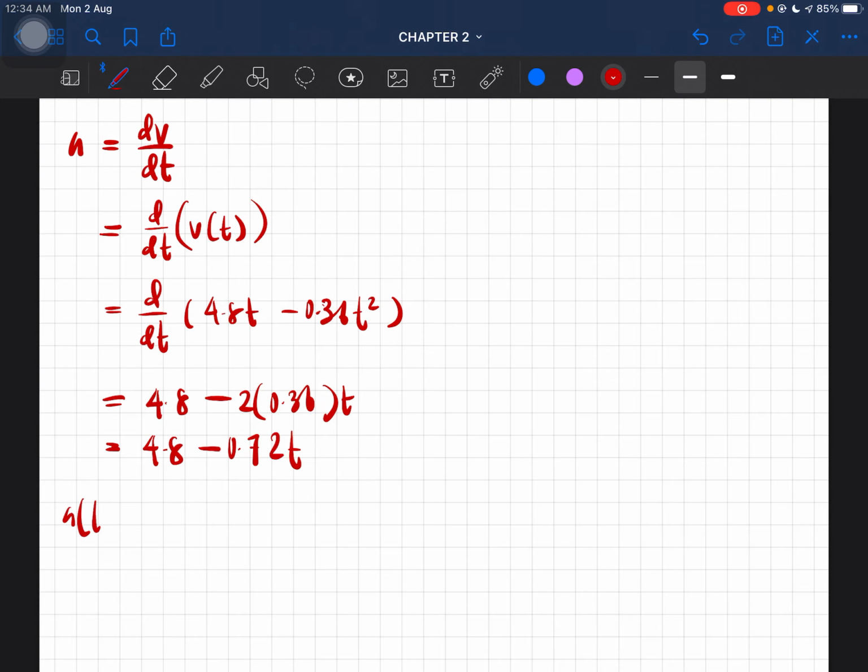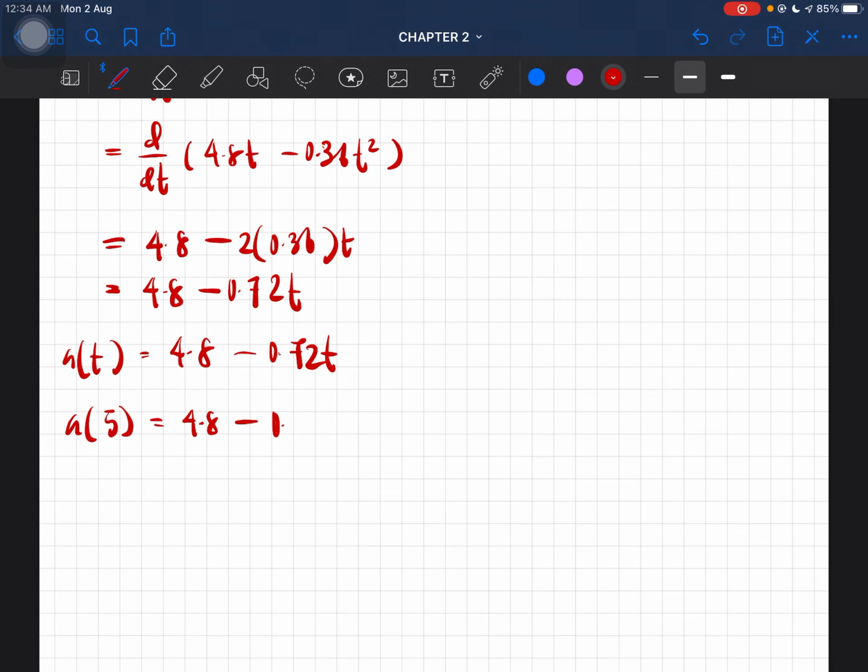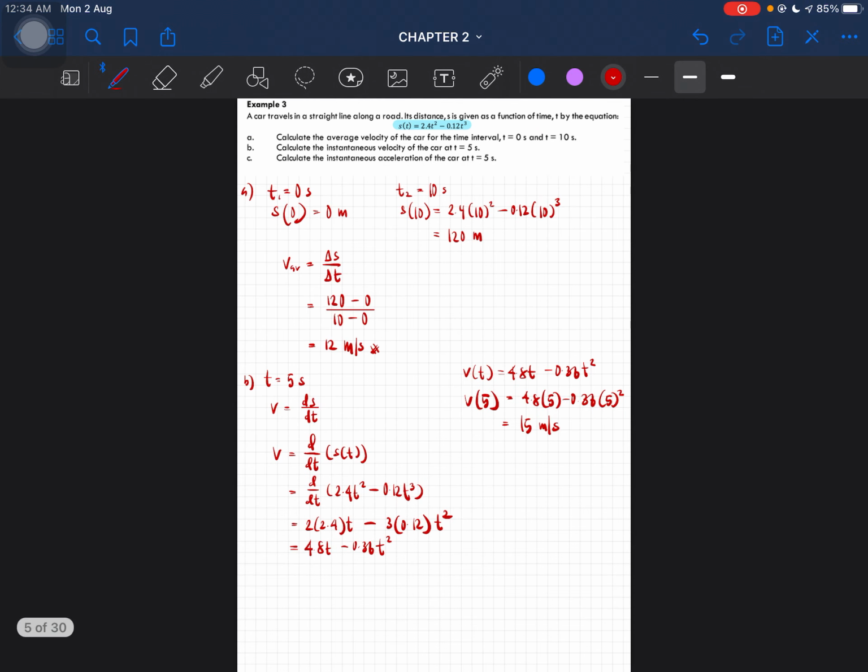Just substitute the value of time, which is 5 as well. So 4.8 minus 0.72 times 5. Then you'll get the instantaneous acceleration to be 1.2 meter per second square. Okay, so that is example 3.